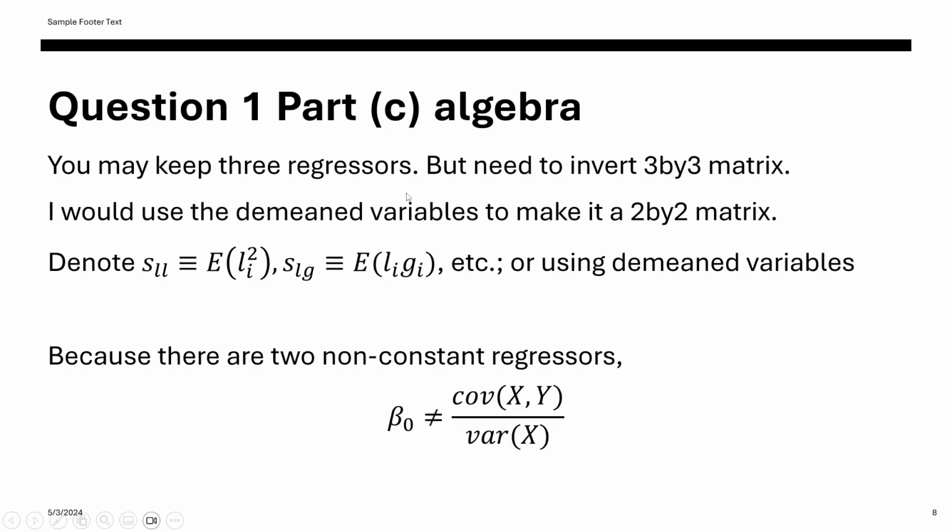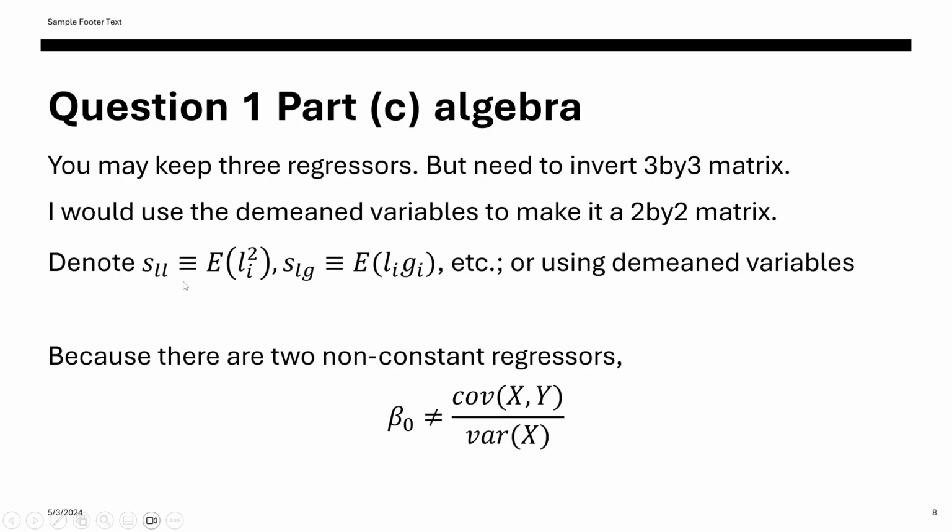Like for example, the intercept will be gone. You rewrite the equation using demeaned variables without intercept, but the same coefficients and error terms. So you have to explain that briefly.